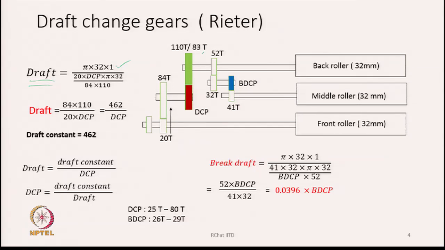divided by 110, and then that becomes the number of turns by which the back roller rotates, and that is multiplied by its circumference, which is pi into 32. In this case, both front and back rollers are exactly the same in terms of diameter.